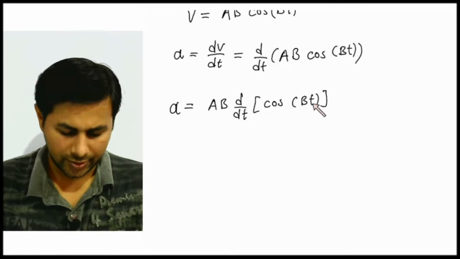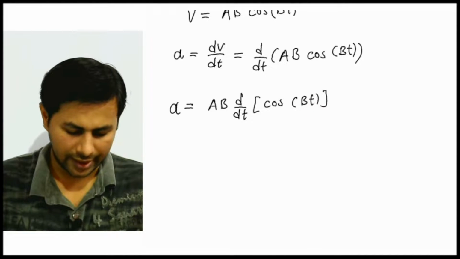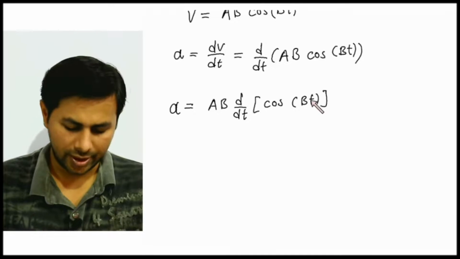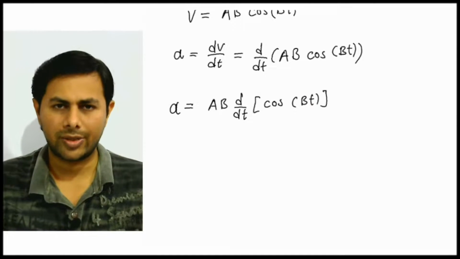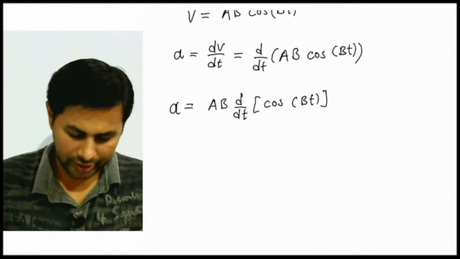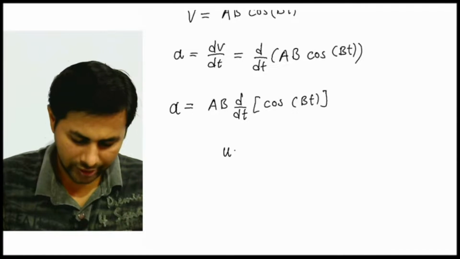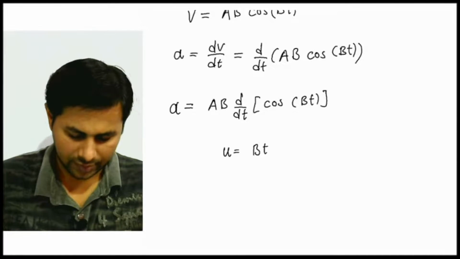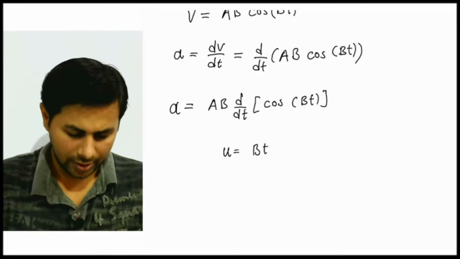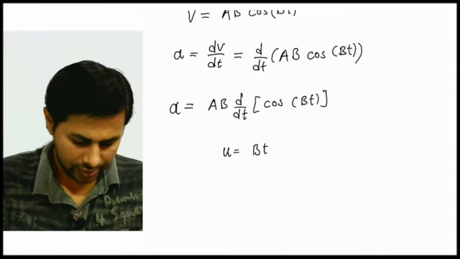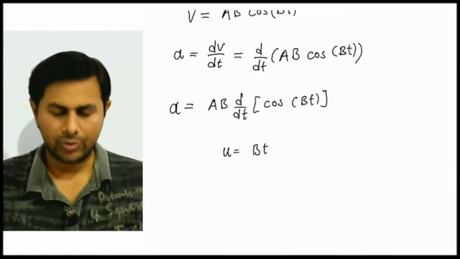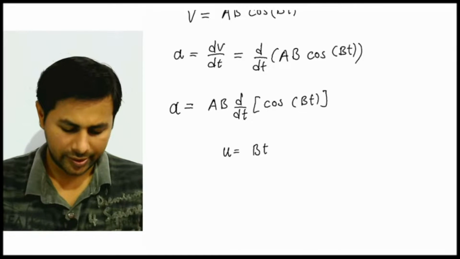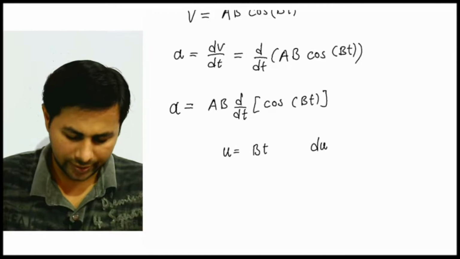Okay, so the variable here and here are not same. Here we have some function of t. So we substitute u equals bt and apply chain rule. So to apply chain rule, we have to find out derivative of this. So we already found it.